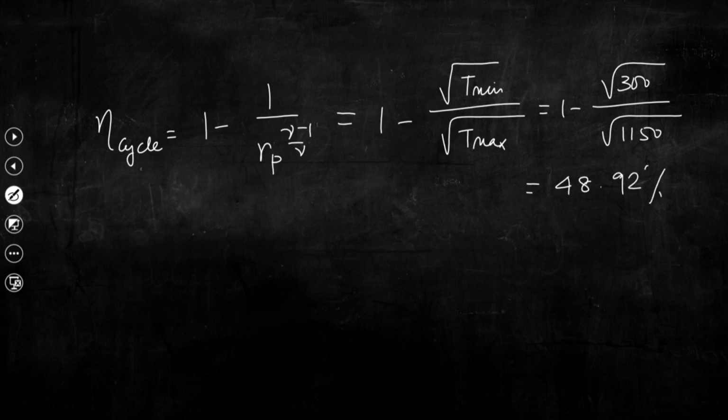So, you can understand that cycle efficiency is less than even 50%. That is what we have mentioned several times. Of course, this is the Brayton cycle efficiency.